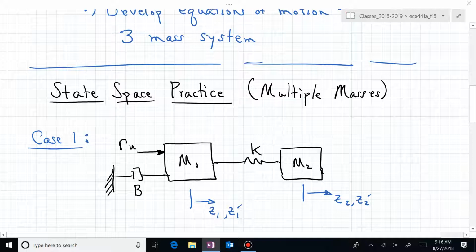It depends on Z sub 1 and Z sub 2. So look at that when you're deriving these equations. When you say the force from the spring on mass 1, that's now going to be a function of K, the spring constant, and the position of the left side and the right side of that spring. And you need to combine those two variables in such a way that you get a positive force based on the movement of Z1 and Z sub 2.